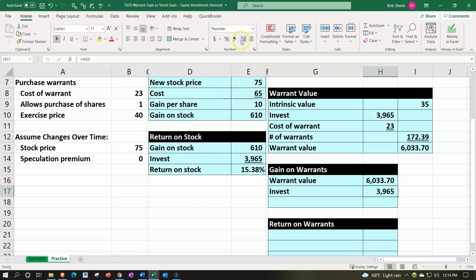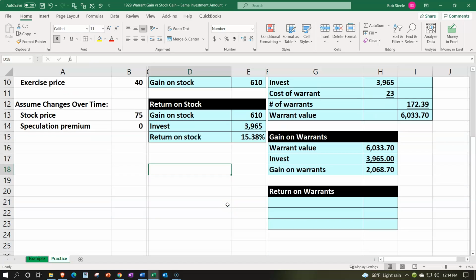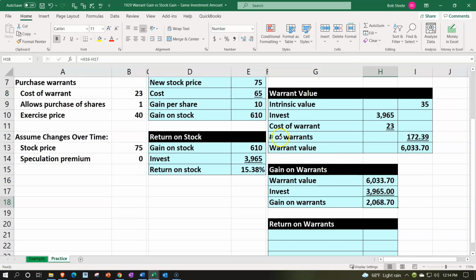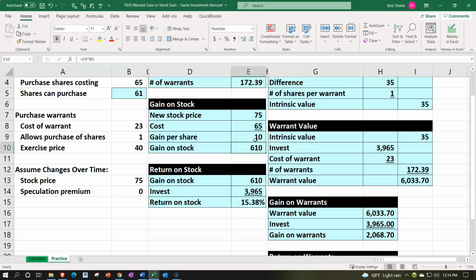Let's add some decimals just to make it even with regards to the decimals, font group and underline. That's going to give us our gain on the warrants, which is going to be equal to the warrant value minus the investment. Adding a couple decimals, number group, couple decimals. So we're at the 2,068.70.